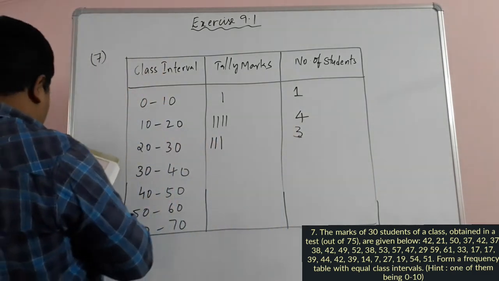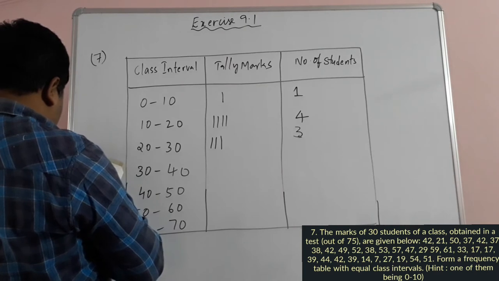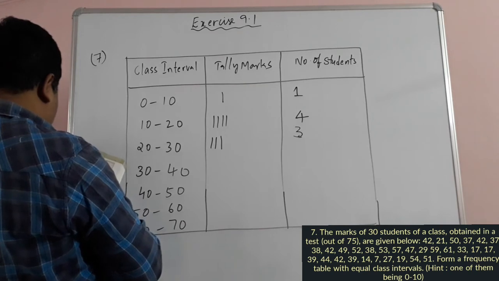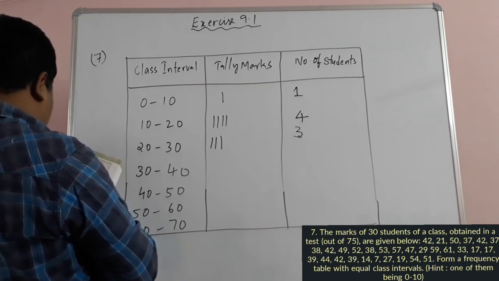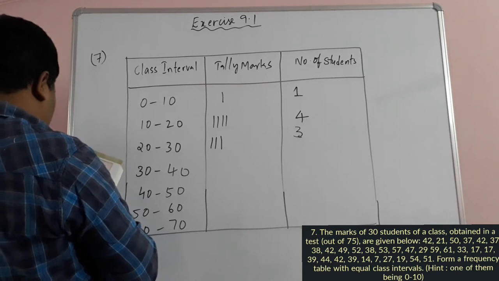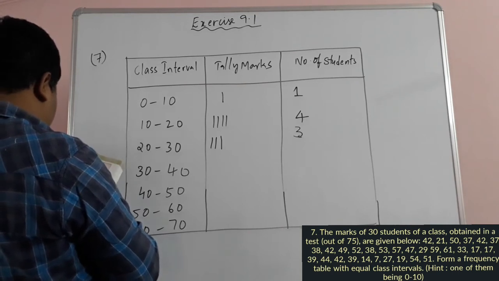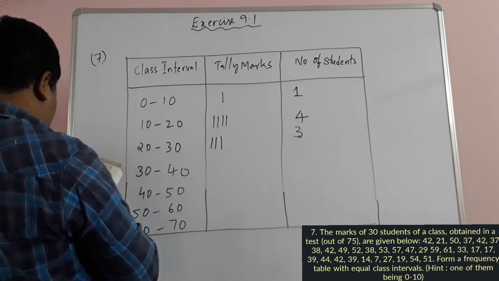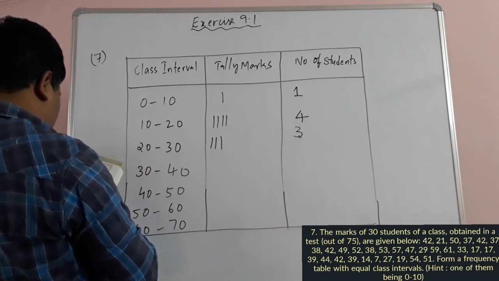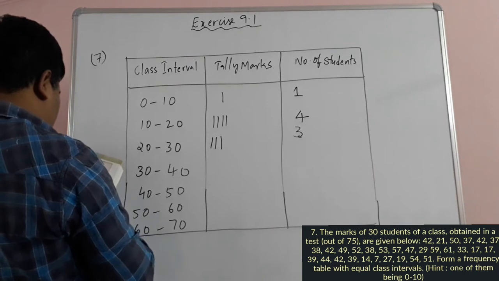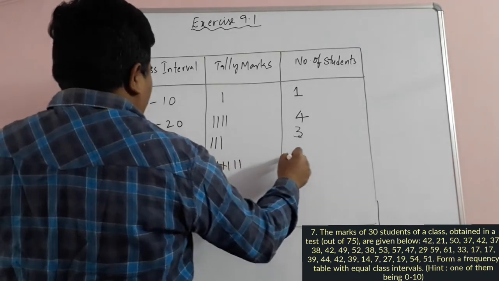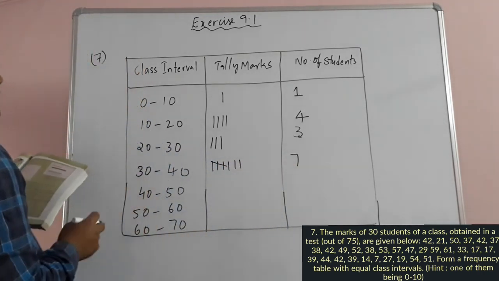Okay, now 30 to 40. 33, 1 observation, 37, 2, 37, 3, 38, 4, 39, 5, 39, 6, 38, 7. So the total is 7 observations there, children. 1, 2, 3, 4, 5, 6, 7. From 30 to 40, 7 observations are there.